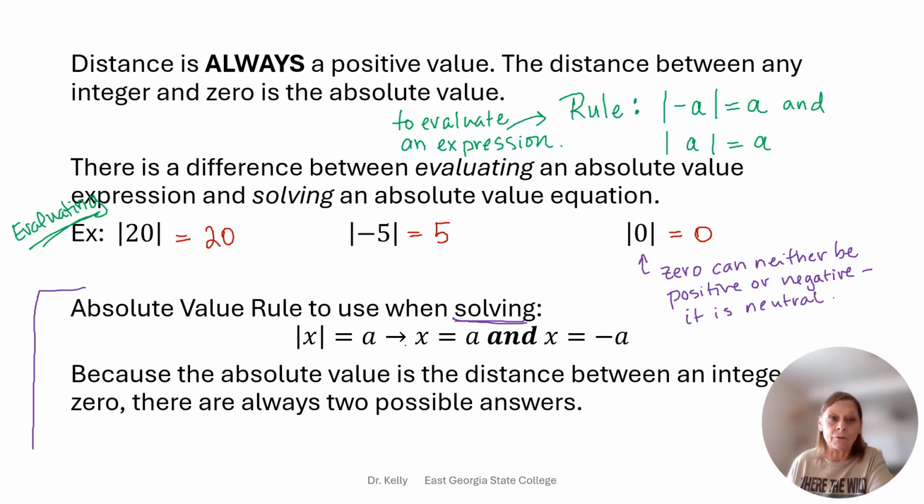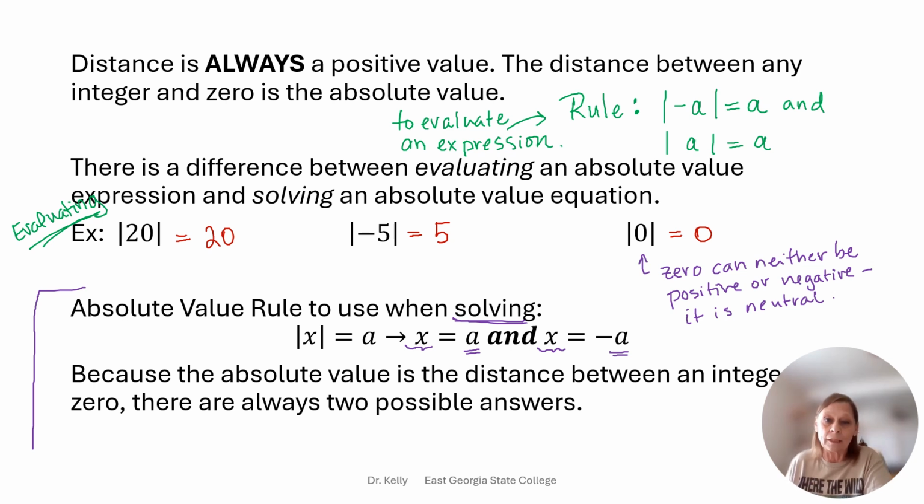We get the stuff inside the absolute value equal to positive that number, and the stuff inside that absolute value equal to negative that number. Now that should make sense because you've been trained coming up that you always get 2 answers when you have an absolute value. Well, almost always.